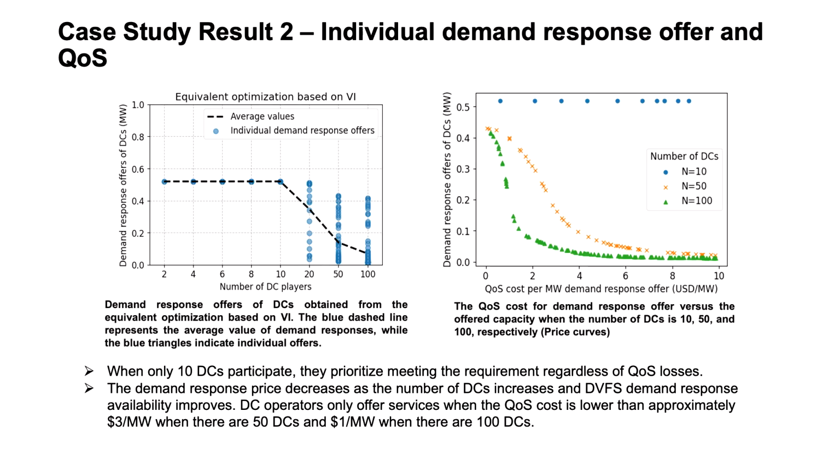And here are more results. We calculate the price based on the different number of data centers, and the QoS losses you can understand as the losses because you delay some jobs. Remember in the first chart, how DVFS works is it shifts part of the load to the idle time.